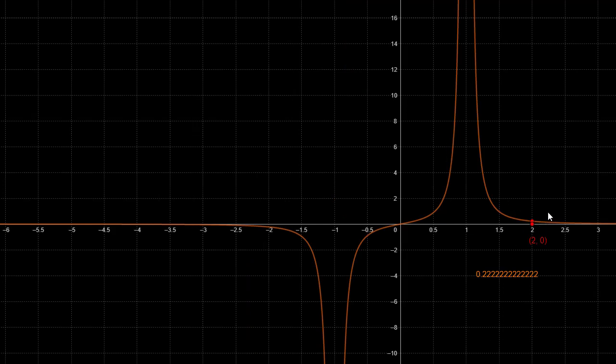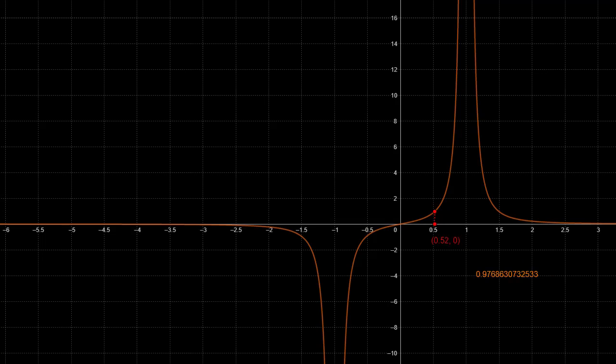All right, now to show here a little more graphically, as x gets closer and closer to 1 here, we see that the y values get larger and larger and larger, and we blow up right off the screen. Okay, so from the right, this graph is blowing up to infinity, and we'll see the same thing from the left.